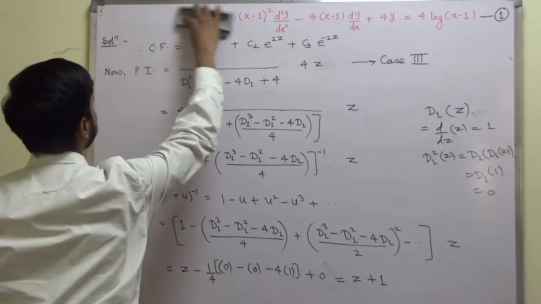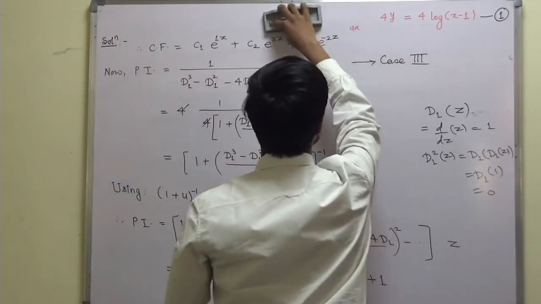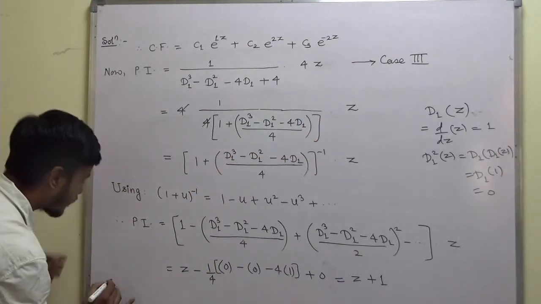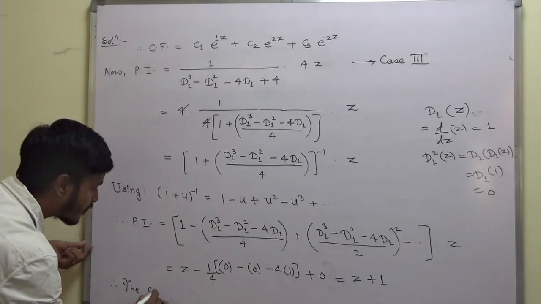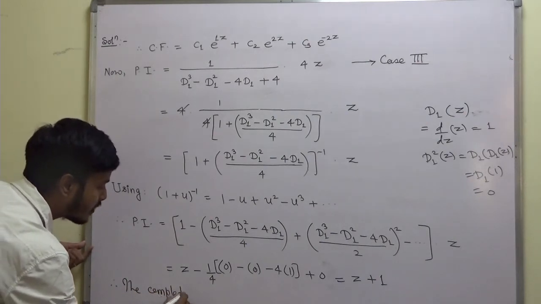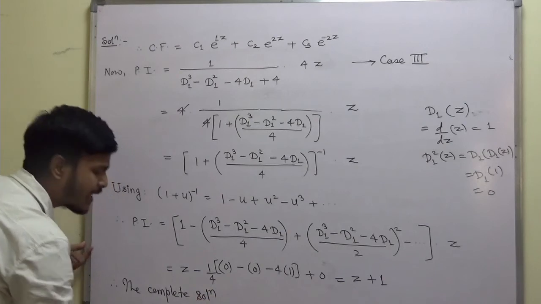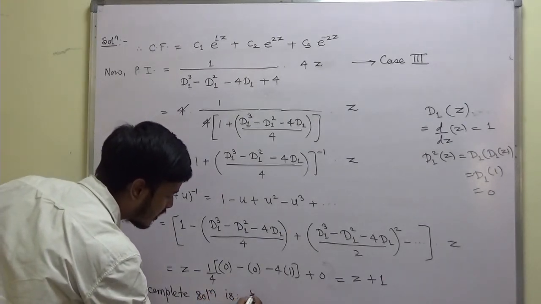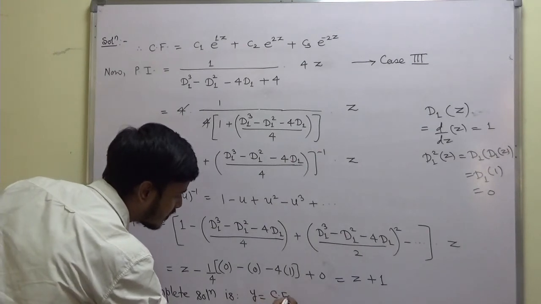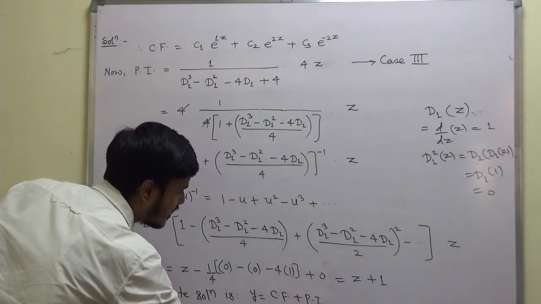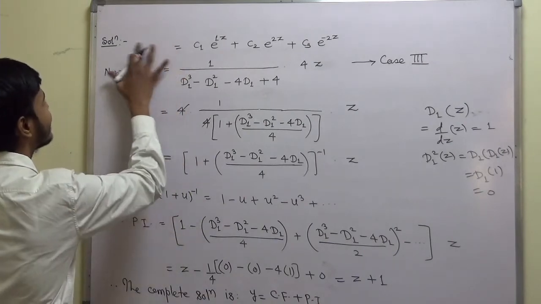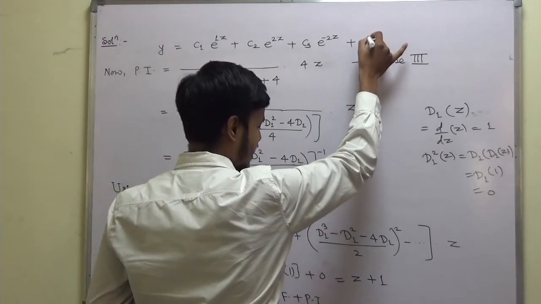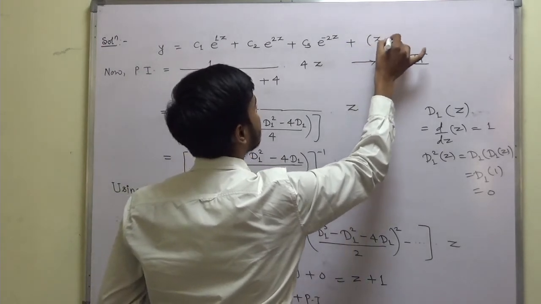So let me remove this now. Therefore the complete solution, sometimes you call it general, sometimes complete, is y equal to CF plus PI. So y is equal to CF plus PI, and PI is z plus 1.